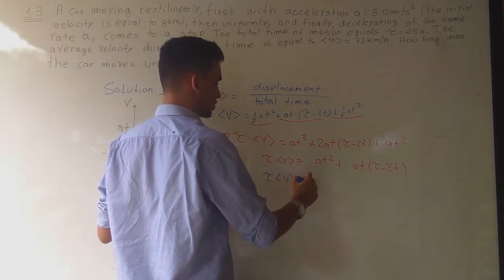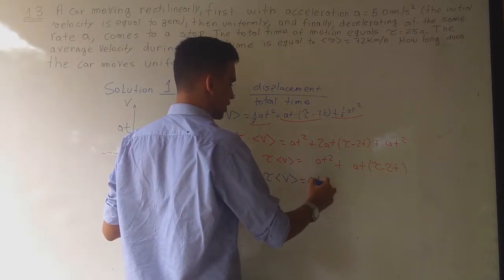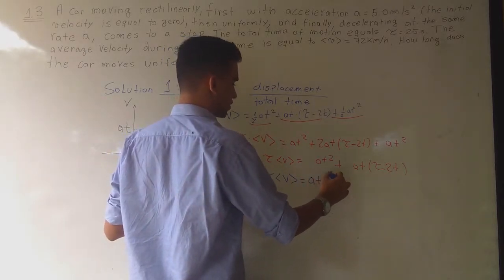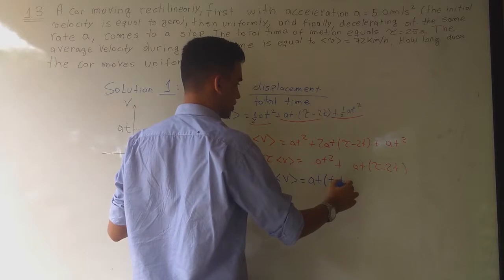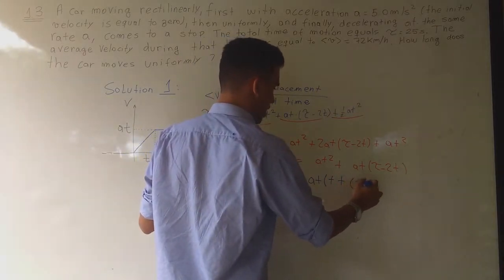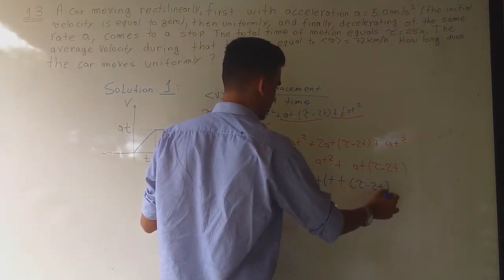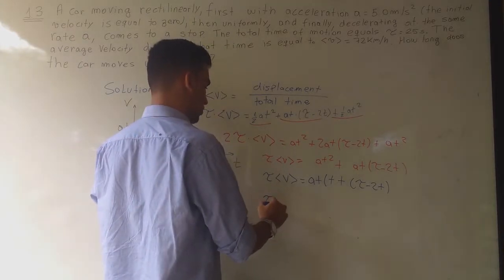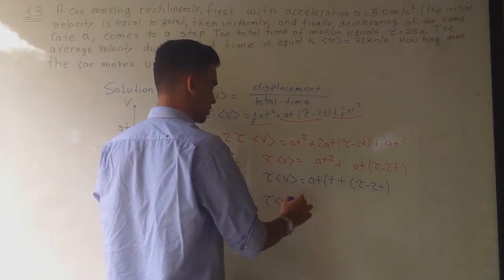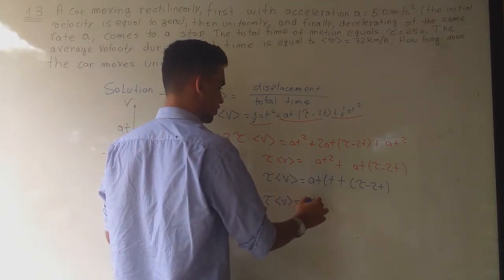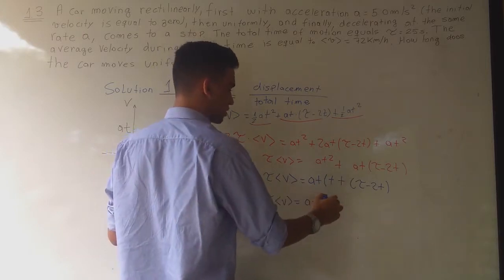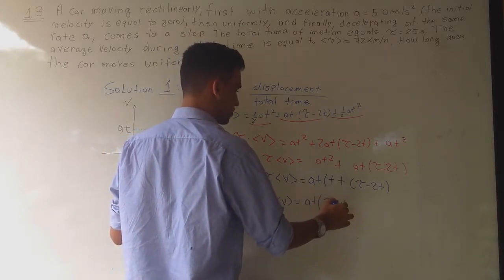Tau average velocity v is equal to at that multiplies t plus tau minus 2t. So tau average velocity is equal to at that multiplies tau minus t.